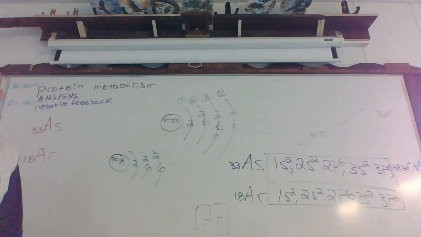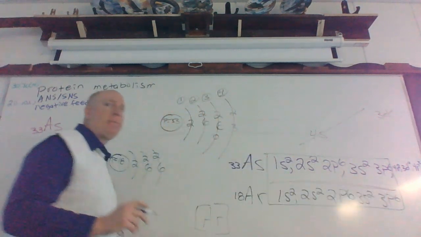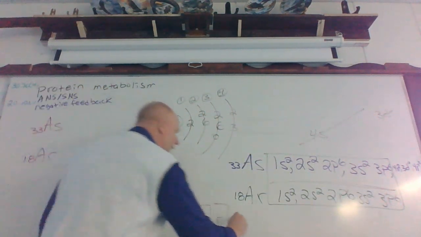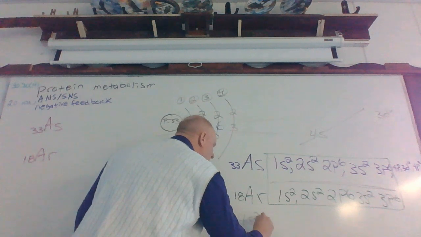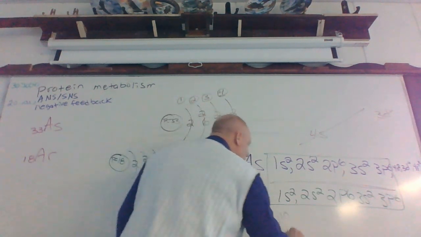What does it tell you on the outside of this box? 4s2, 3d10, and 4p what?